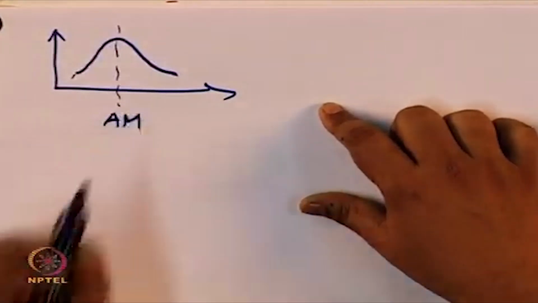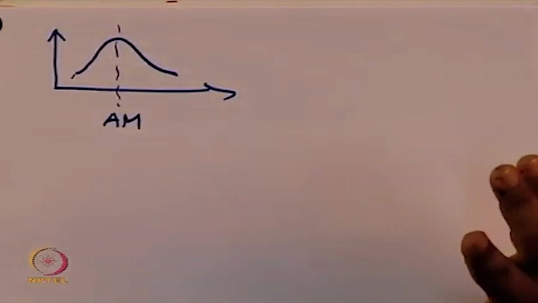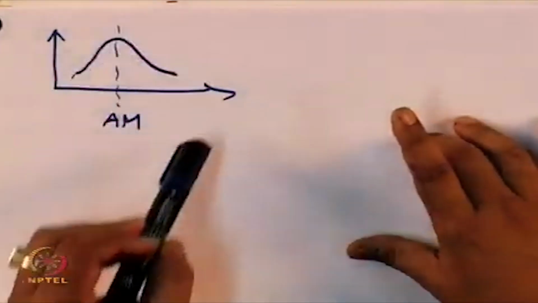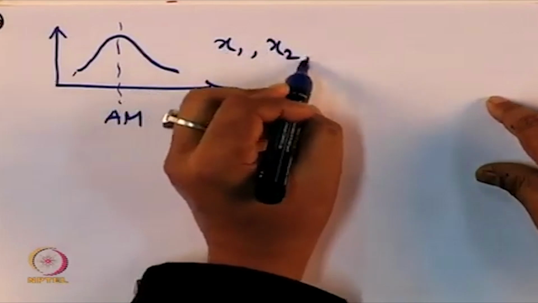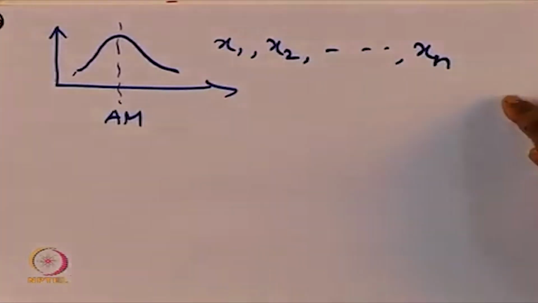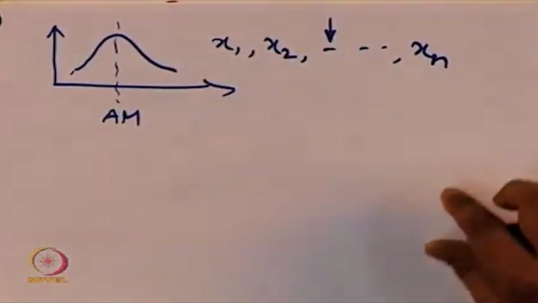This is where your arithmetic mean lies. Okay. Now, there is one more way of doing it. Okay. So, what you can do is you can sort these numbers, entire numbers x1, x2 up to xn in ascending or descending order, and try to find which is the number which is directly in the middle.